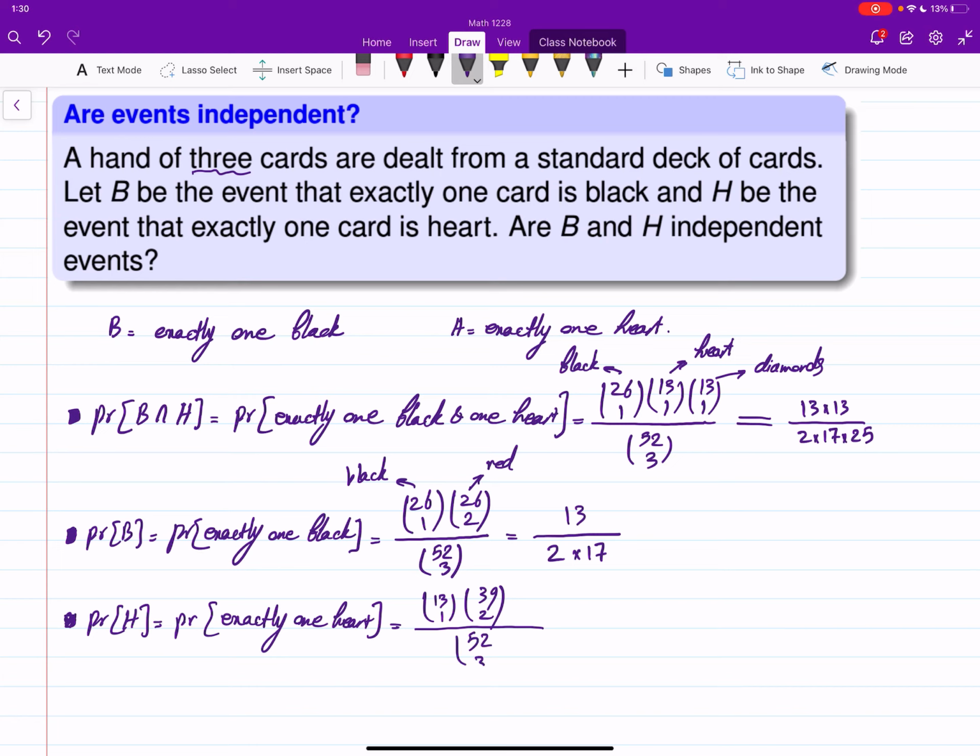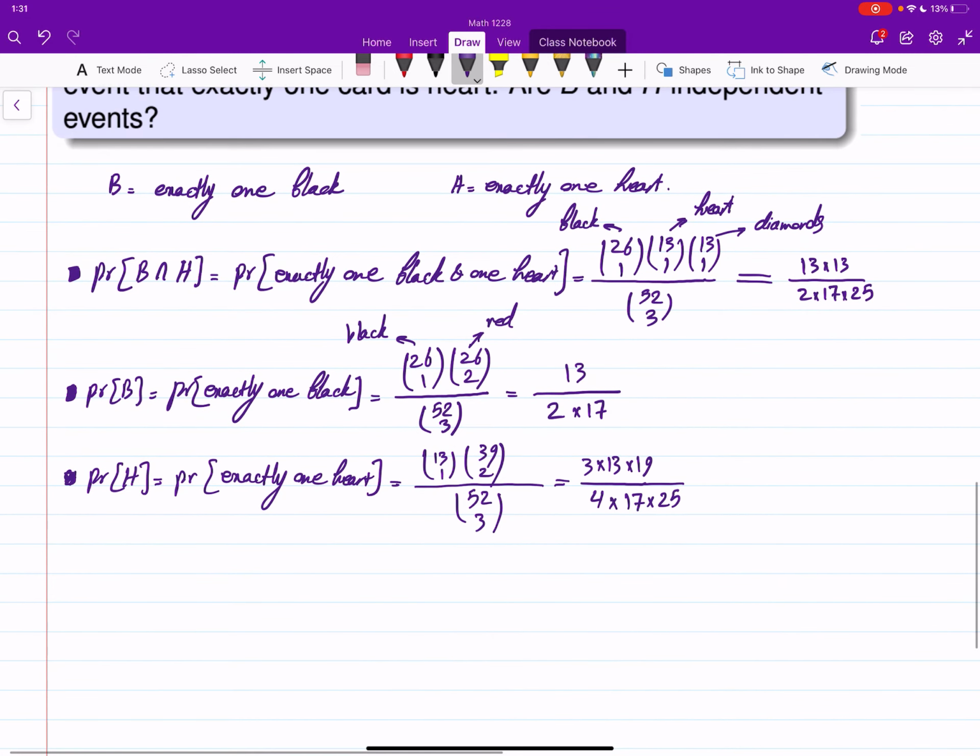And if you simplify this, you will get to this number, which I will try to write as simply as we can. Well, this is maybe not simple.